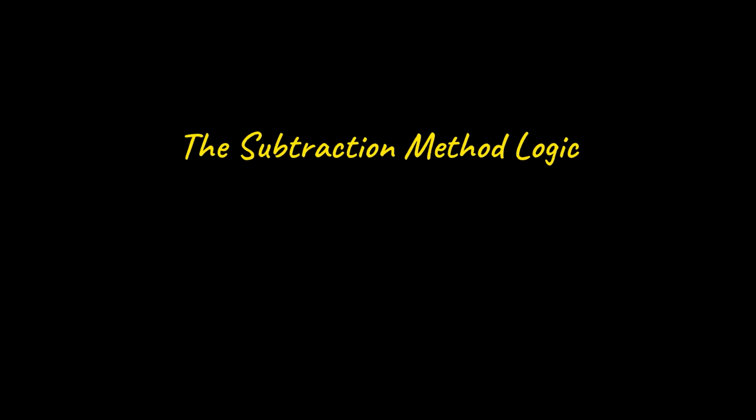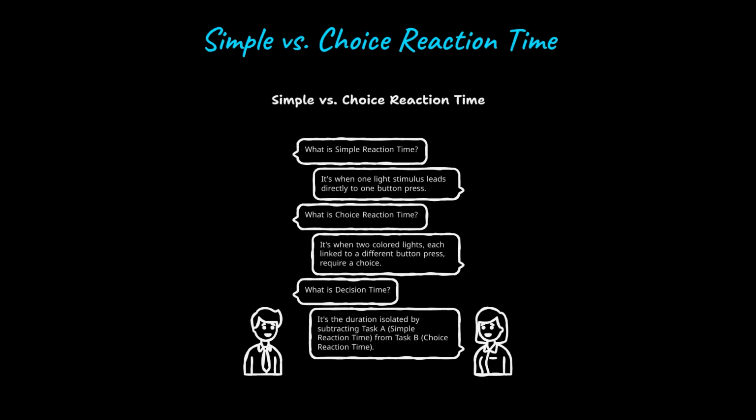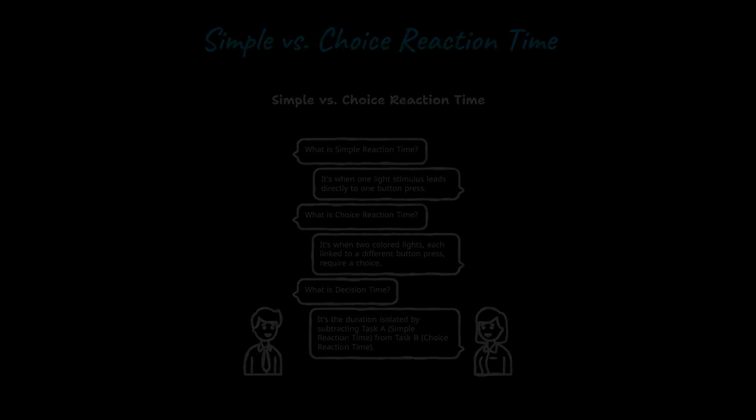Subtracting the simpler time from the complex time isolates the single mental step added, the act of choosing. The logic is elegant. Hold everything constant between the two tasks except one inserted mental step. If the only addition is a decision, then the time difference equals the duration of that decision, the first quantitative ruler for a cognitive operation.